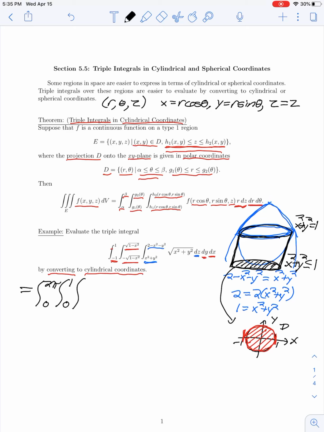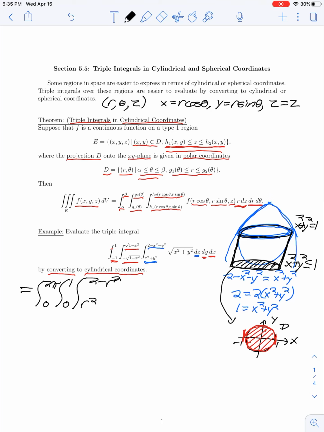Then for our innermost integral with respect to z, we had a lower bound of x squared plus y squared, which in cylindrical coordinates is r squared. The upper bound, 2 minus x squared minus y squared, becomes 2 minus r squared.